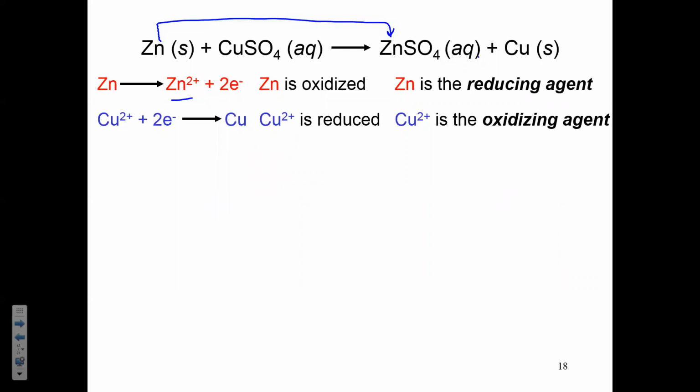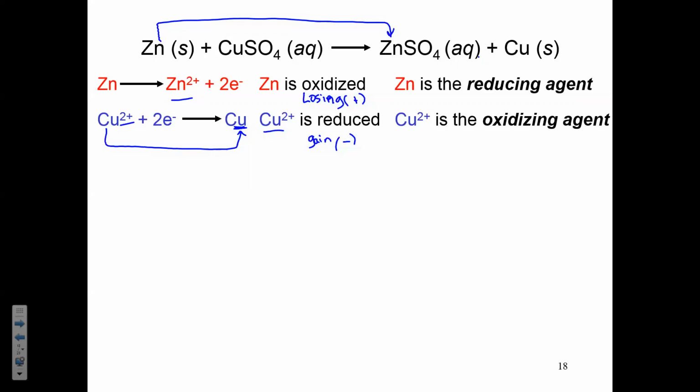Zn is oxidized, so it's losing electrons. If you lose electrons, you become more positive. Okay, down here, we're going from Cu2 plus to Cu, so this is becoming now more neutral. And so we see that we are reducing, or gaining electrons, becoming more negative. And indeed we have. We've gone from a 2 plus closer to 0 or closer to negative, so we became more negative.